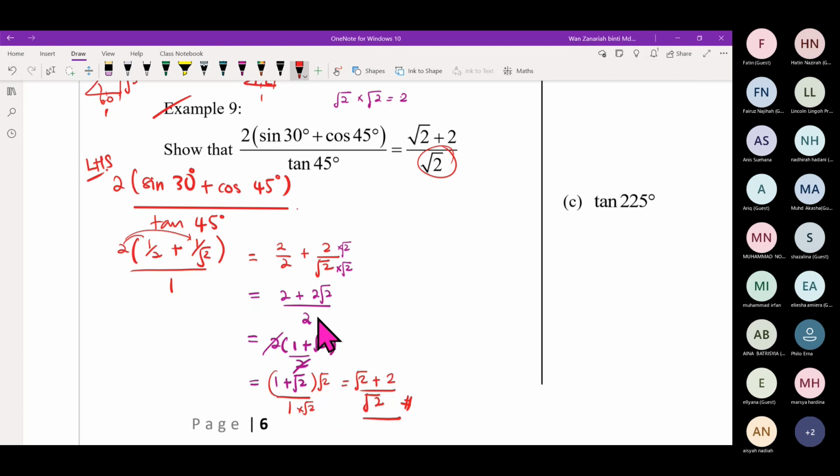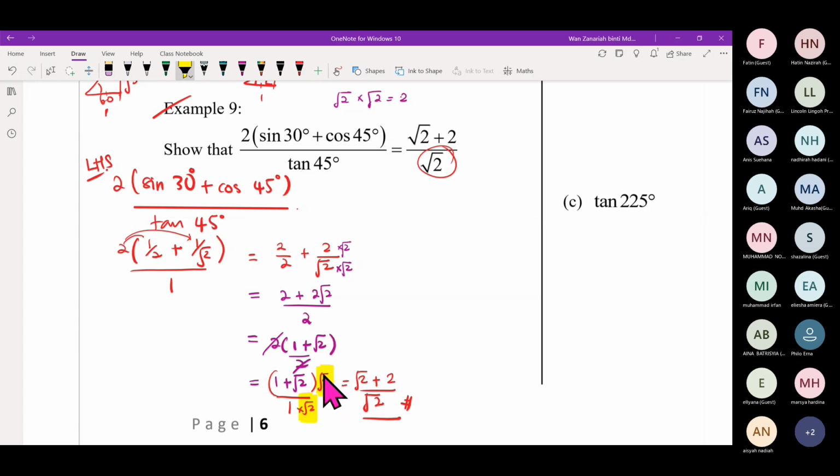Your final answer 1 plus root 2 tak salah. Kalau disuruh selesaikan, that's it. But then the question want you to show as this form. So nak tak nak, cikgu kena modify juga. I have to multiply with root 2 at the denominator, of course, bila I darab apa-apa at the denominator, I have to multiply at the numerator as well.